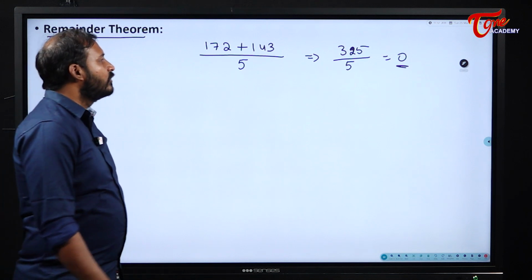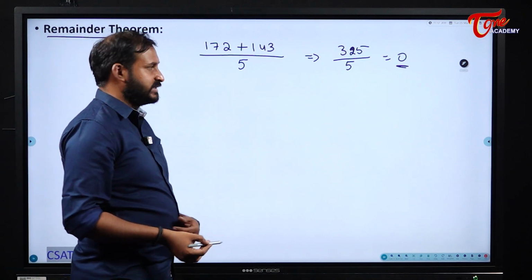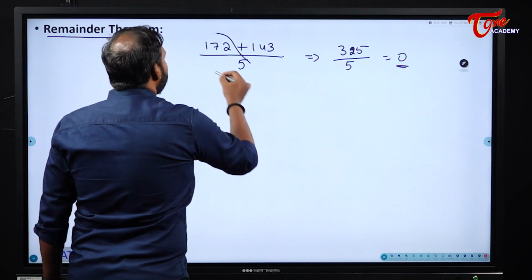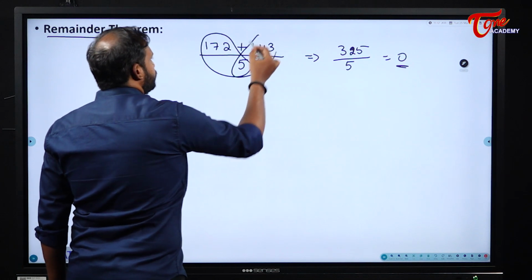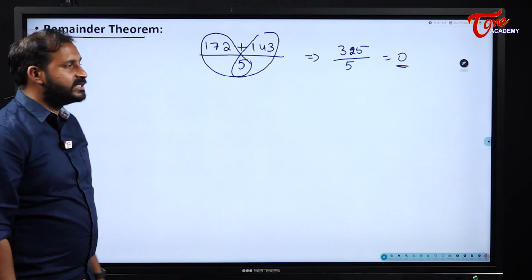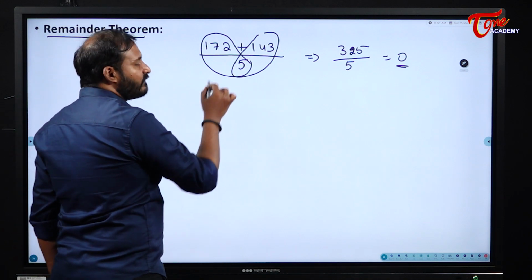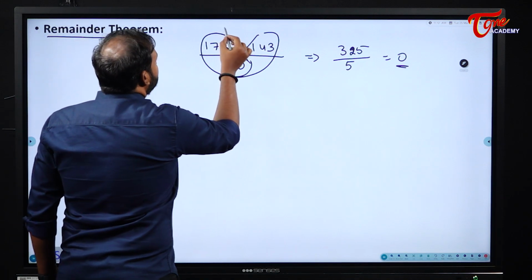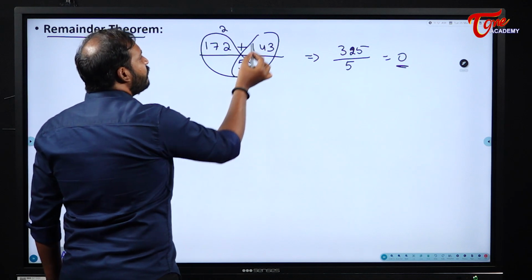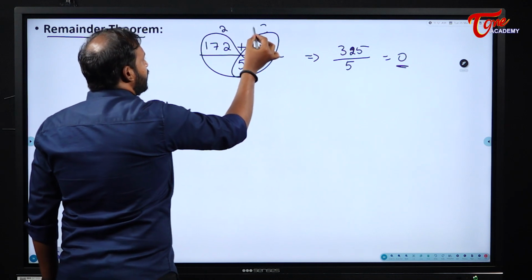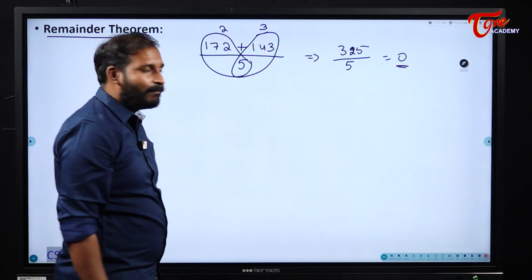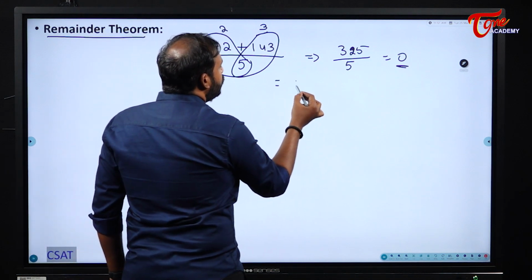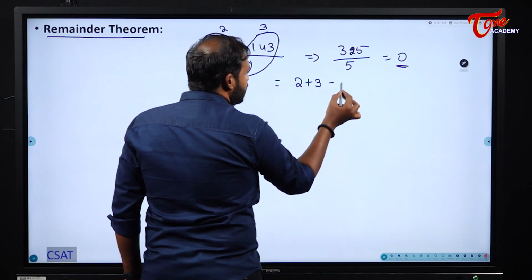Now, what the remainder theorem tells us is that we can find the individual remainders and apply the mathematics. What is the remainder for 172 by 5? The remainder is 2. What is the remainder for 143 by 5? The remainder is 3. What is the mathematical symbol between them? Plus. So you will do 2 plus 3 and write your answer as 5.